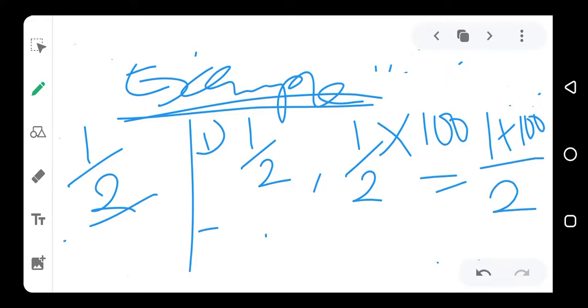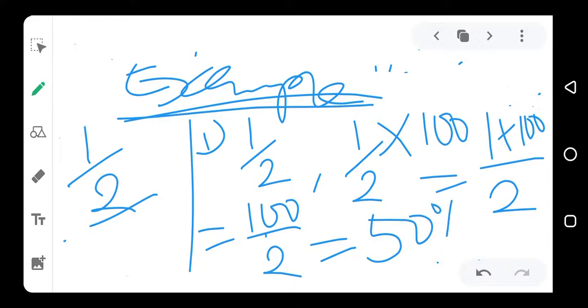Now that will give us 100 over 2. So we divide by 2. 100 divided by 2, we have 50%. You can also do it this way.